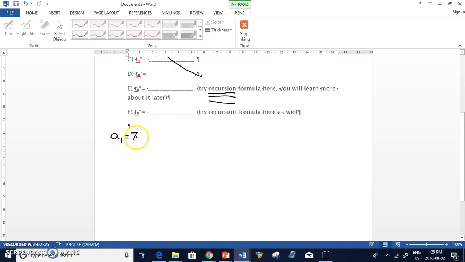I'm going to use A to represent the value this time. So A1 was 7. And I know what I want to be looking for is my next terms. So if I'm looking for an, I need to be able to express that in terms of the previous term. And the previous term would always be n minus 1.